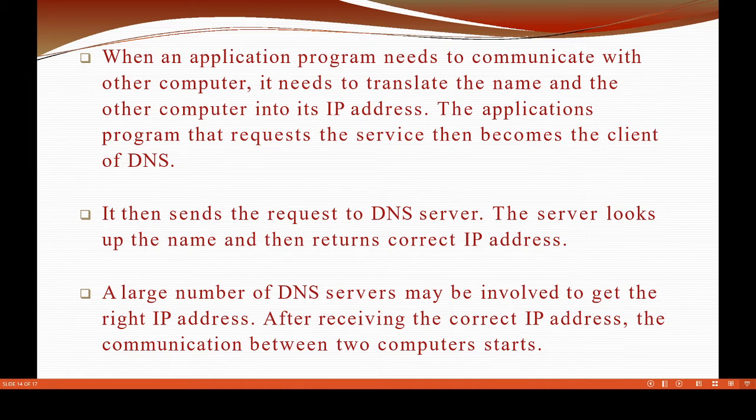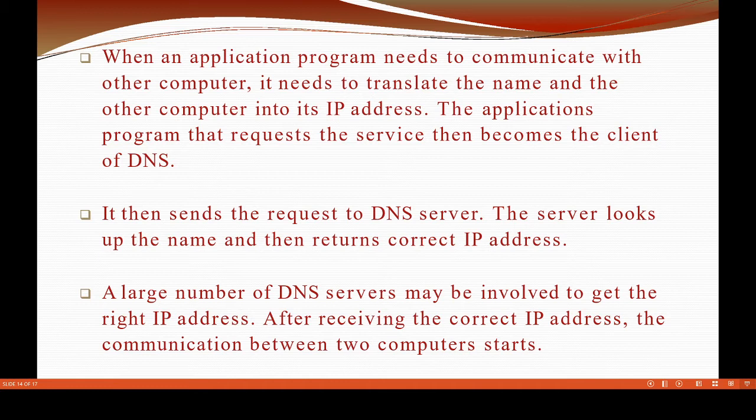So for each communication between two computers, we first need the name and the corresponding IP address, and then it sends the request to the DNS server. The server looks up the name and then returns the correct IP address.